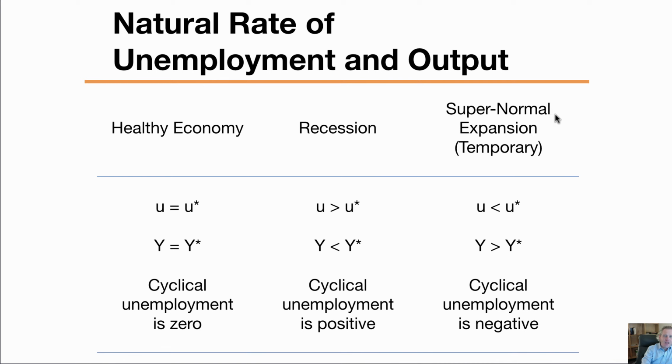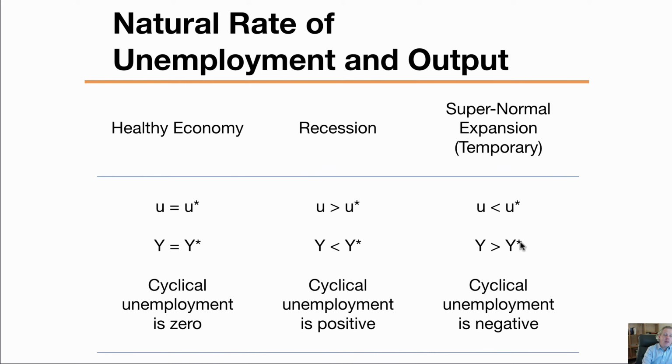So in a supernormal expansion in the economy, the unemployment rate might fall below the natural rate of unemployment. Workers may be so in demand that even people who don't quite find the right fit of a job might be paid enough to get them to just do the job. And so the real unemployment rate in the economy may actually fall below what economists call the natural or the full employment level.